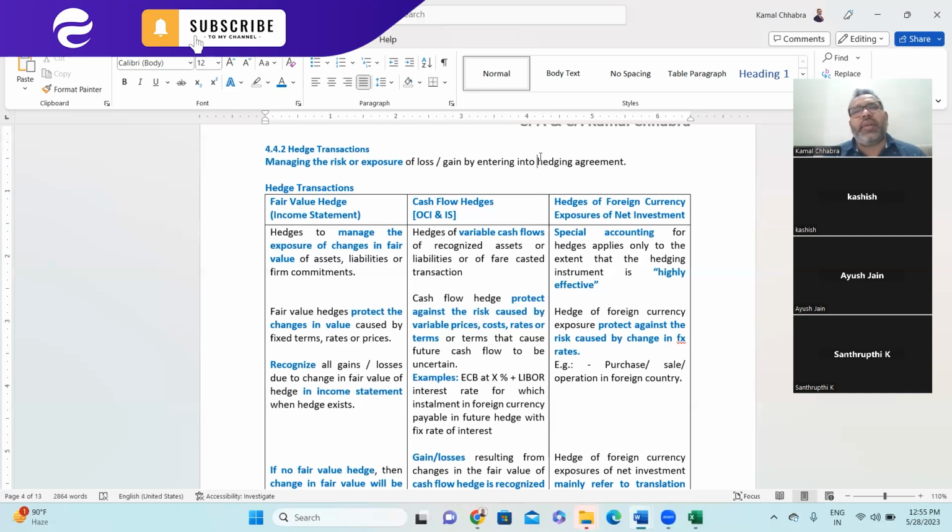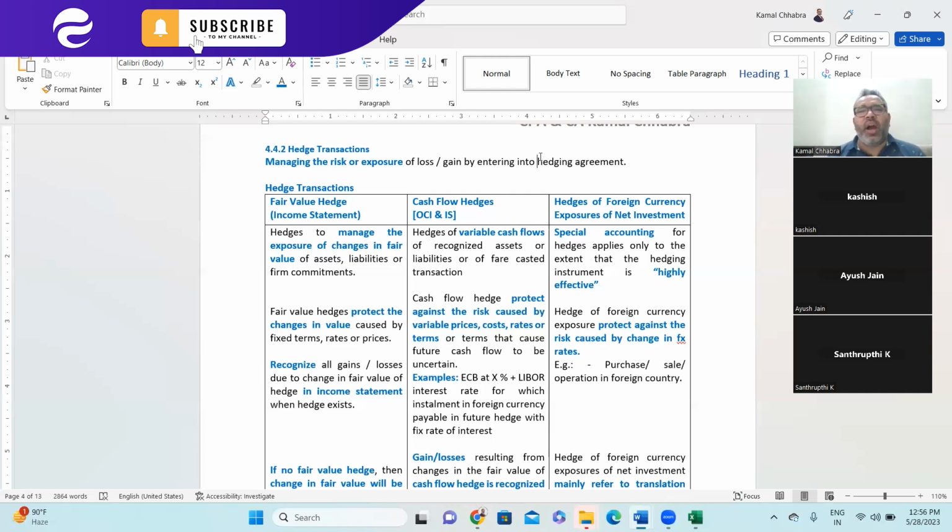Cash flow hedge: if you remember the example before the break, we discussed the external commercial borrowing, right? Every month you need to pay a certain EMI, and that EMI is a cash outflow, right? Yes, sir, all the EMI is your cash outflow.